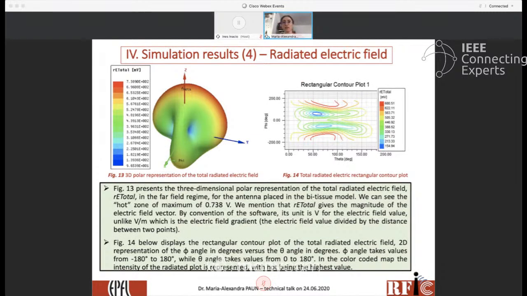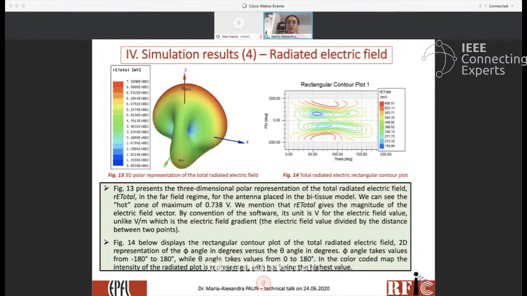Once again, I mention that all these simulations have been done in ANSYS HFSS by employing a frequency of 2.45 gigahertz. You can see on this slide the 3D polar representation of the total radiated electric field. This is shown in figure 13, on the left-hand side.